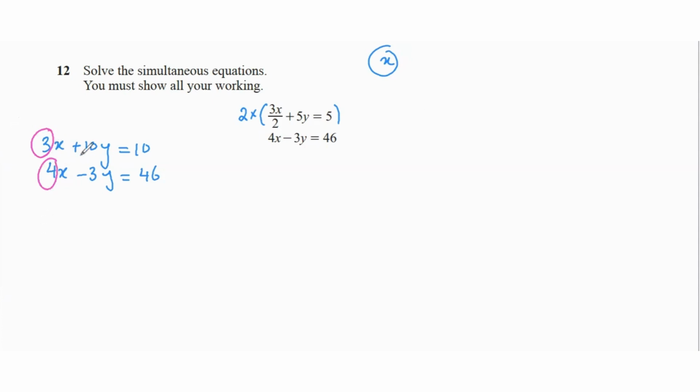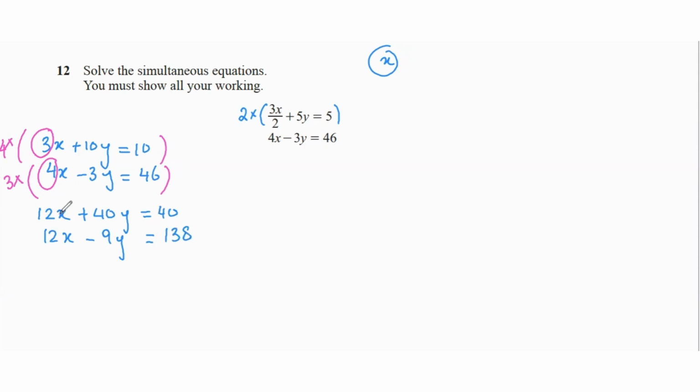So we need to multiply the first equation by 4 and the second equation by 3. That's going to give us 12x plus 40y equals 40, and then 12x minus 9y equals 138.